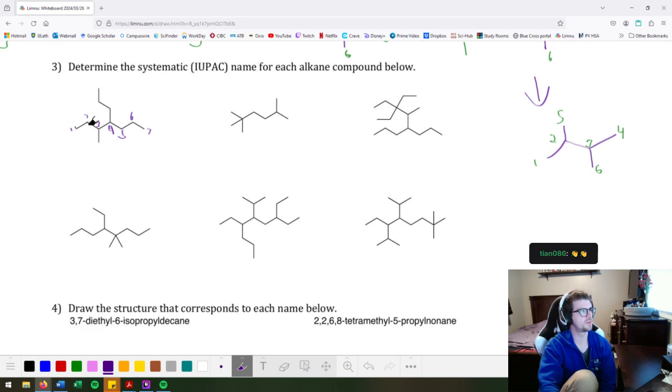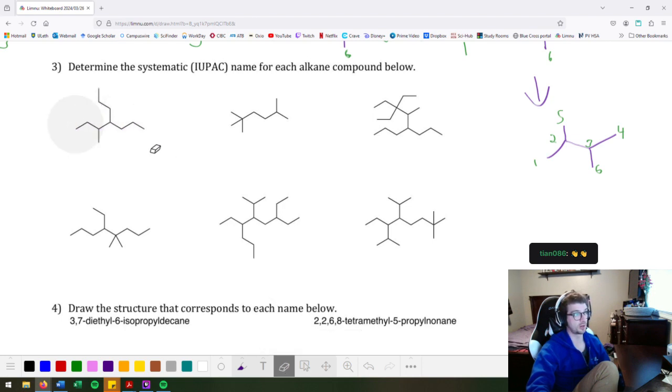So I'm going to go 1, 2, 3, 4, 5, 6, 7, which is the same length, as you may note. Is there any other way that we could do this that would make a longer chain? 1, 2, 3, 4, 5, 6, 7. Okay, so there are 3 ways that you can make a 7-membered carbon chain out of this compound.